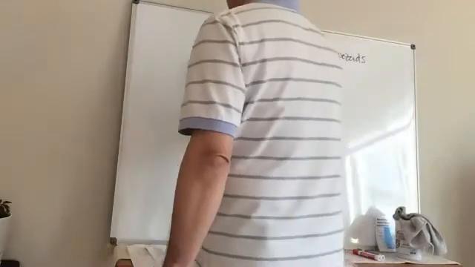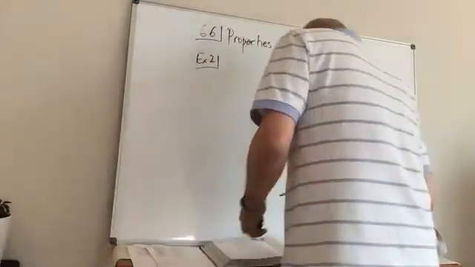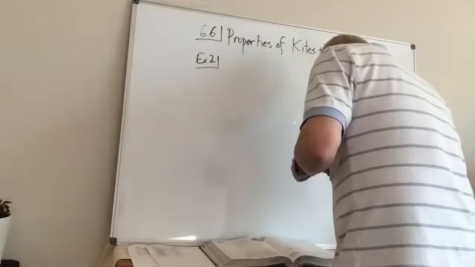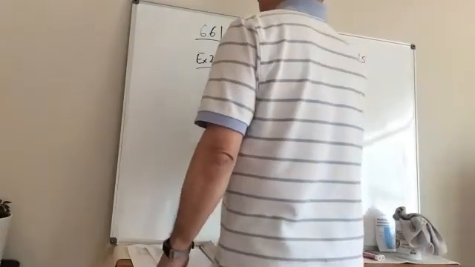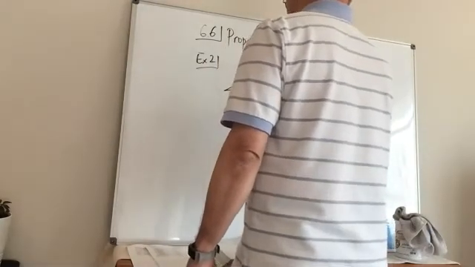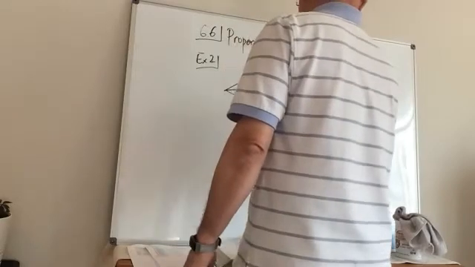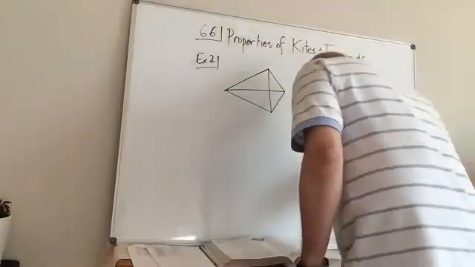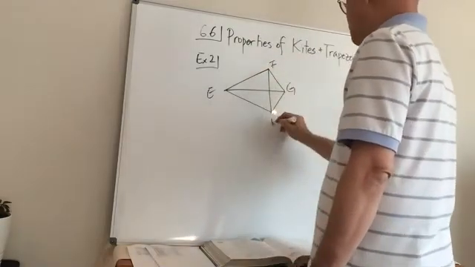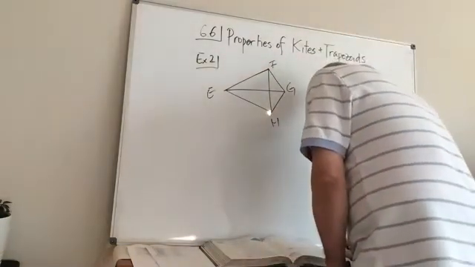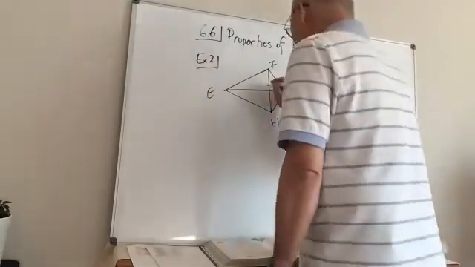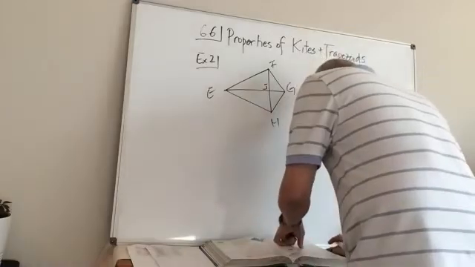Example number 2. Using properties of kites. In kite EFGH, angle FEJ is 25 degrees.